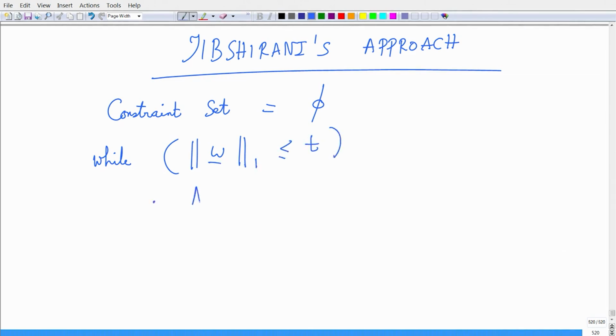What you do is you add the sign of your weight vector w and fold this into the constraint set.